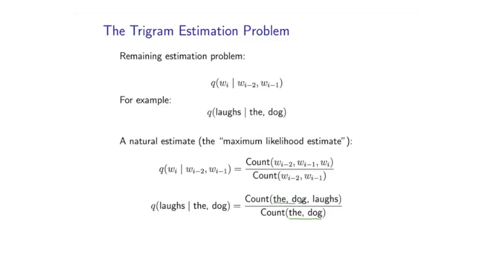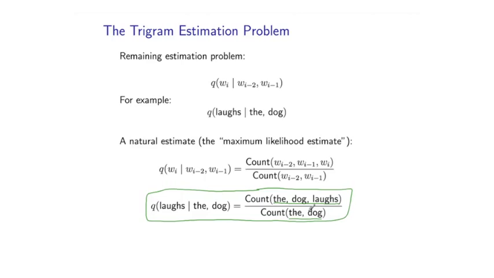Count of the dog laughs would be the number of times I've seen the trigram sequence, the followed by dog, followed by laughs. And the maximum likelihood estimate, which I've written here for this example, is the ratio of these two terms. So I have the trigram count divided by the count of what we often call the bigram, the sequence of two words that we're conditioning upon.